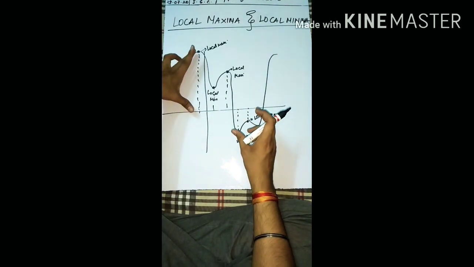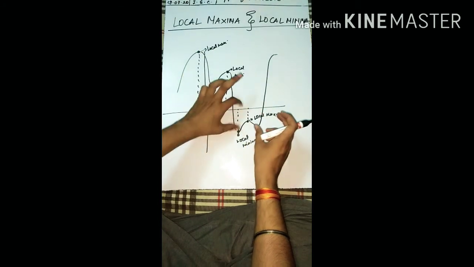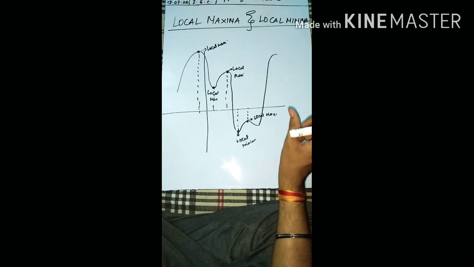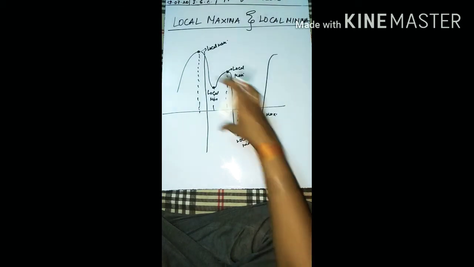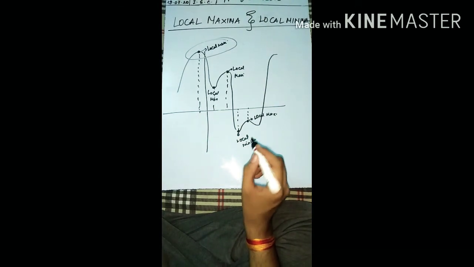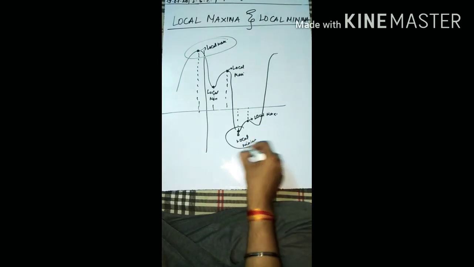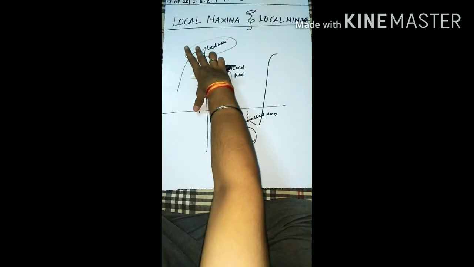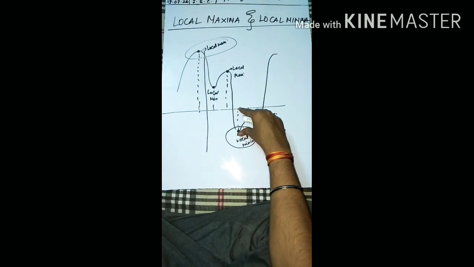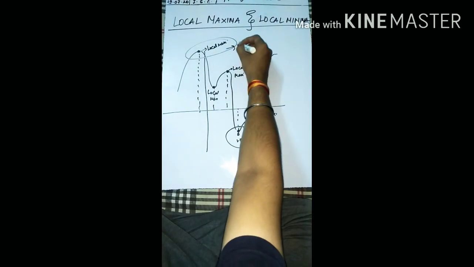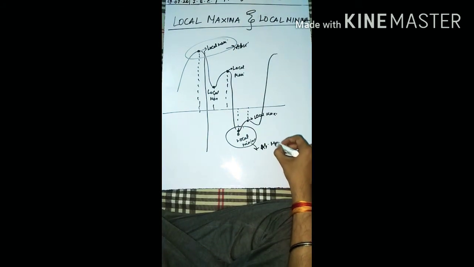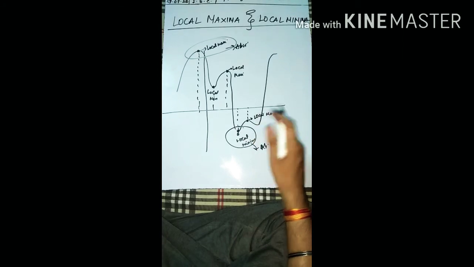And you see why I have drawn this line: if you want the absolute maximum value, this point will be your absolute maximum value, and this will be your absolute minimum value, because here you have the longest amplitude and here you have the lowest amplitude. So this is the point of absolute maxima and this is the point of absolute minima. And you understood the meaning of local maxima and local minima.